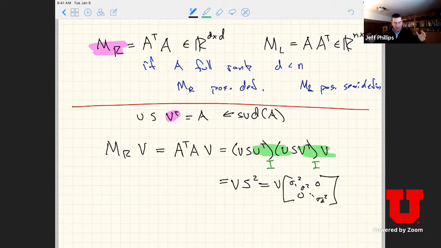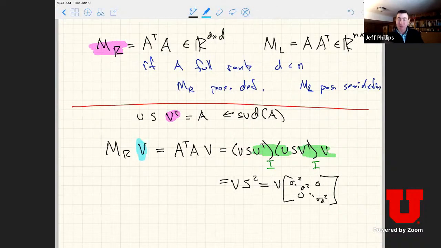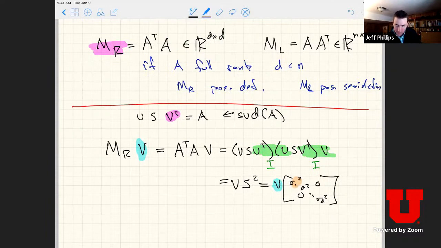But what's happened here is that if I think about this matrix, I multiplied. This is a bunch of vectors in this matrix V. Each one, when I multiply by MR, I'm going to get back V times some scalar value here, right?